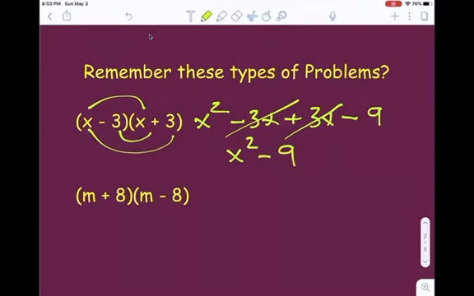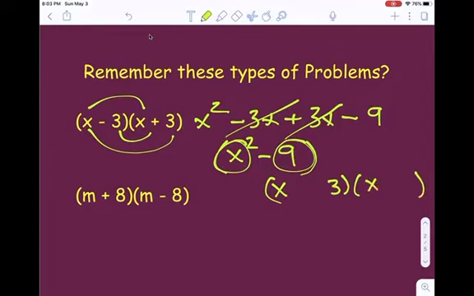So when you factor it and you go backwards, basically what you're doing is you're taking the square root of each of those, and they're both going into your binomial brackets, and then one of them is going to be negative, and one's going to be positive.